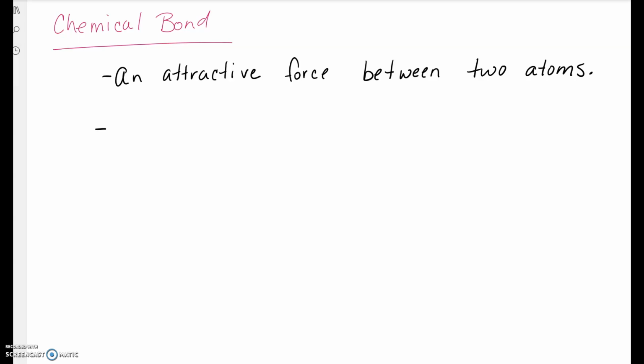And when a chemical bond forms, the atoms either share or transfer electrons. So it's the sharing or transferring of electrons.